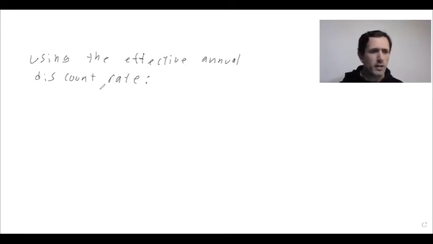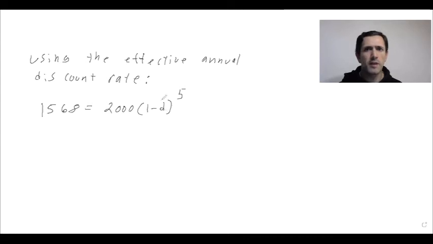Okay, so we are given that 1568 is the present value of $2,000 due in 5 years. So our formula for present value is just that, if d is the effective annual discount rate, then 1568 is 2,000 times (1 minus d) to the 5th.